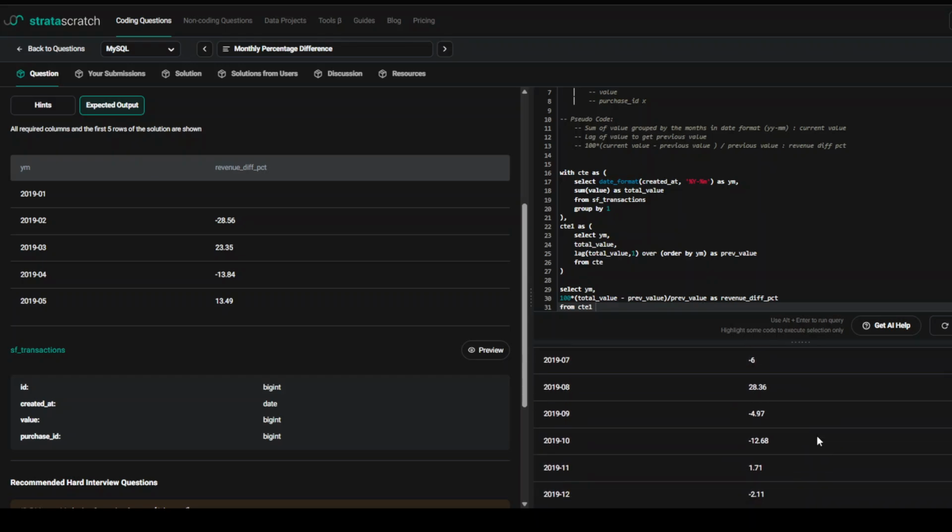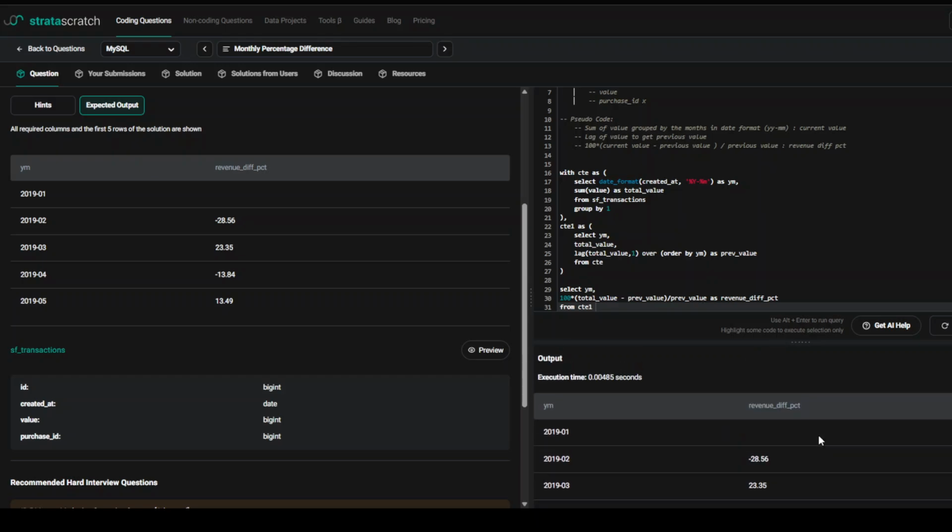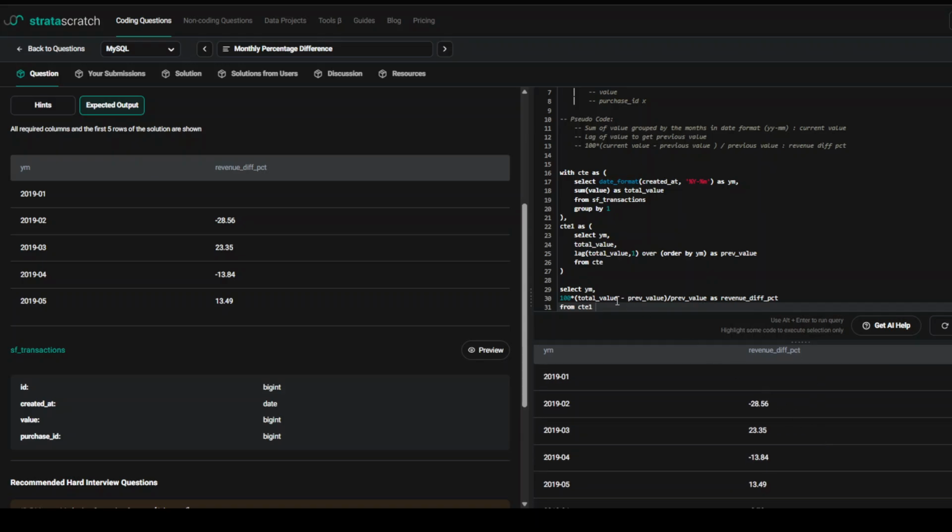We don't really need a round here, but it's always safe to add a round function just in case it would have more than 2 decimal points.